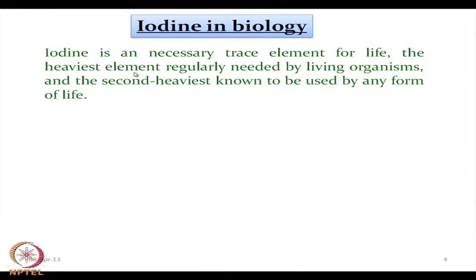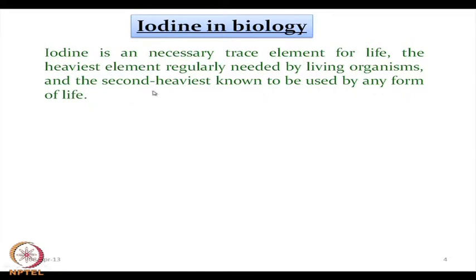a heavier element and is known as the heaviest element regularly needed by living organisms, and is therefore the second heaviest element, because already we have discussed while we were talking in terms of the enzymes bearing molybdenum and tungsten.